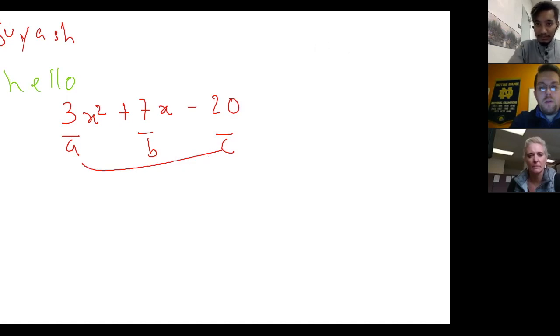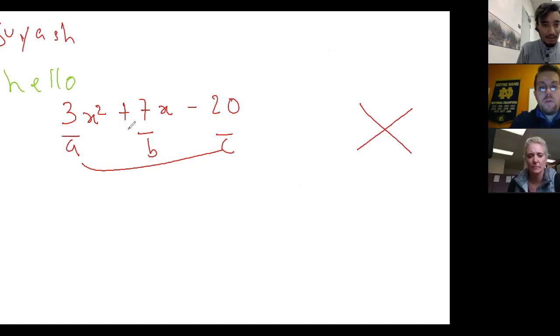How we approach this problem is we multiply the A and C terms. What I like to do is make a cross, and we approach the problem like this. We multiply the A and C terms.